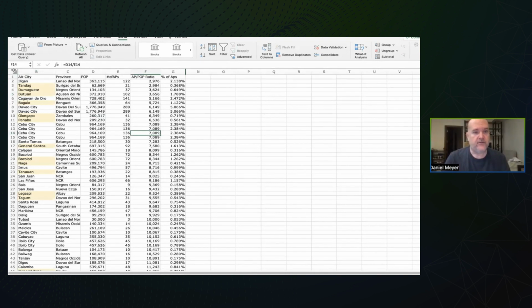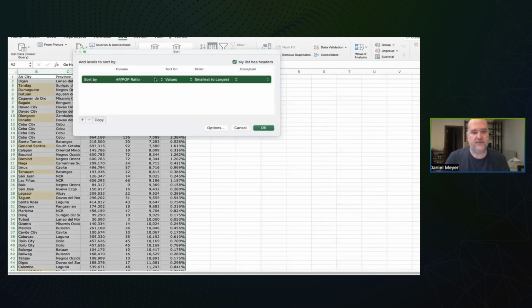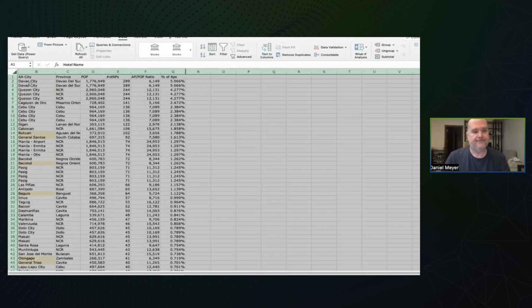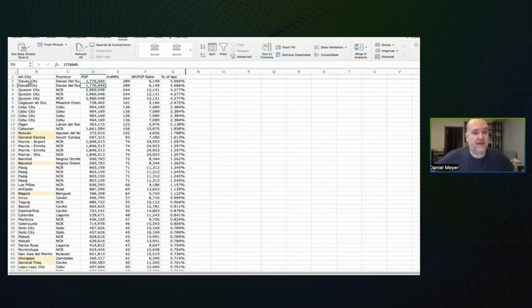So we know that of all the cities in the Philippines, the one that gives us the most applicants is Davao. See that there? Davao has a population of 1.7 million, and we've got 209 applicants from Davao. Number 2 is QC, number 3 is CDO, number 4 is Cebu, and number 5 is Iligan.